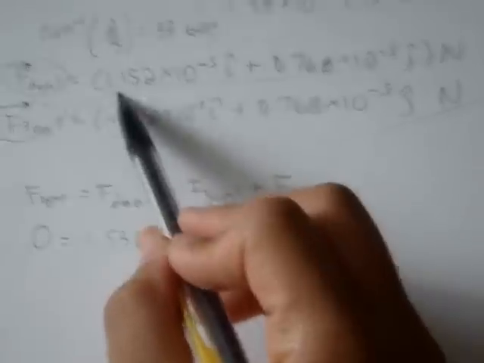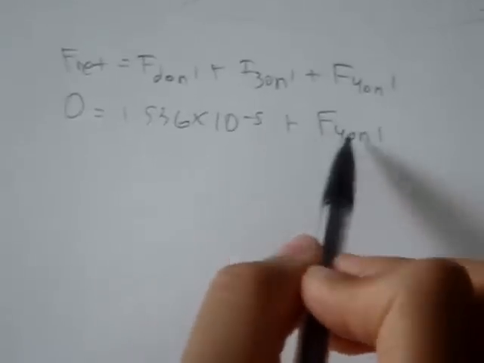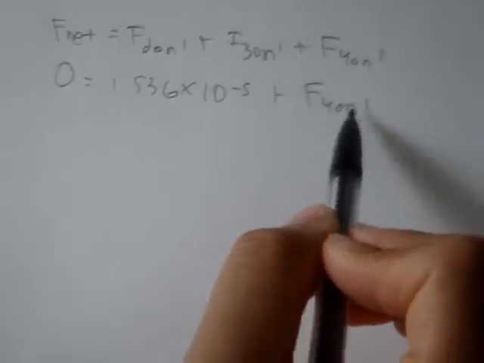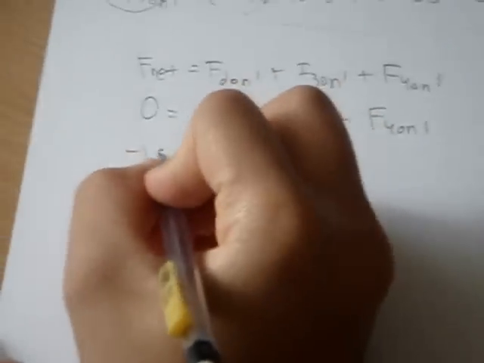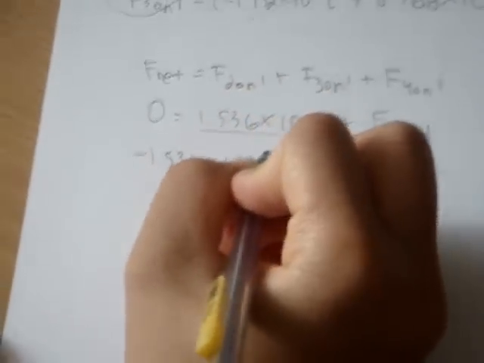And the x terms cancel out. So now this gives the force of particle 4 on 1, which will be the negative value of this, so negative 1.536 times 10 to the negative 5.